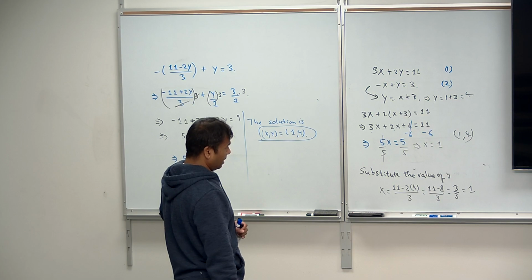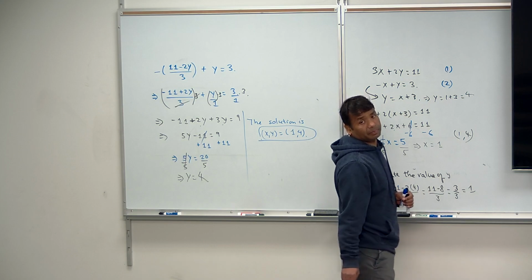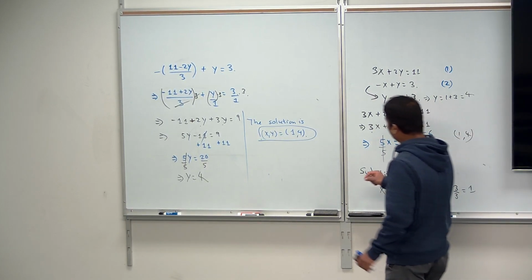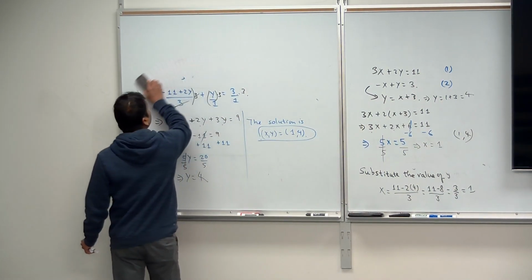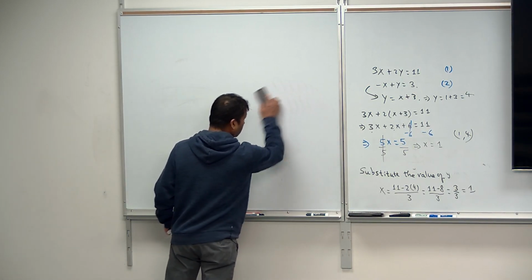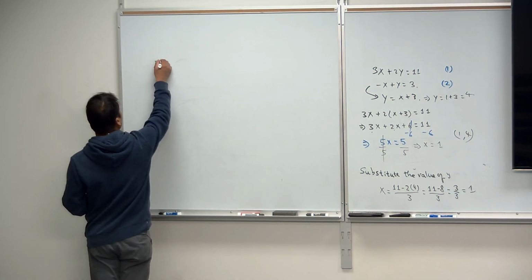In the elimination method, we eliminate one variable. So we can eliminate variable x or we can eliminate variable y. It's up to you. So now, if you want to solve the system, the next one is the elimination method.